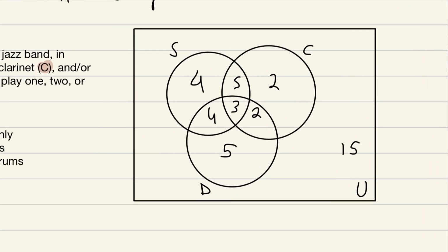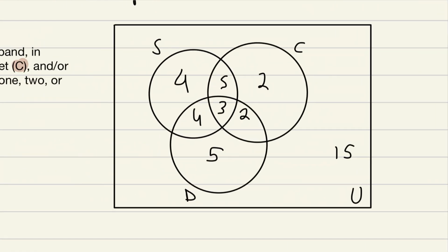Then we need to find out the probability that a student chosen at random from the entire class, so the sample size is 40, plays only the saxophone. So the people playing only the saxophone are 4 and the sample size is 40, so it will be 4 over 40, which is just 1 over 10.